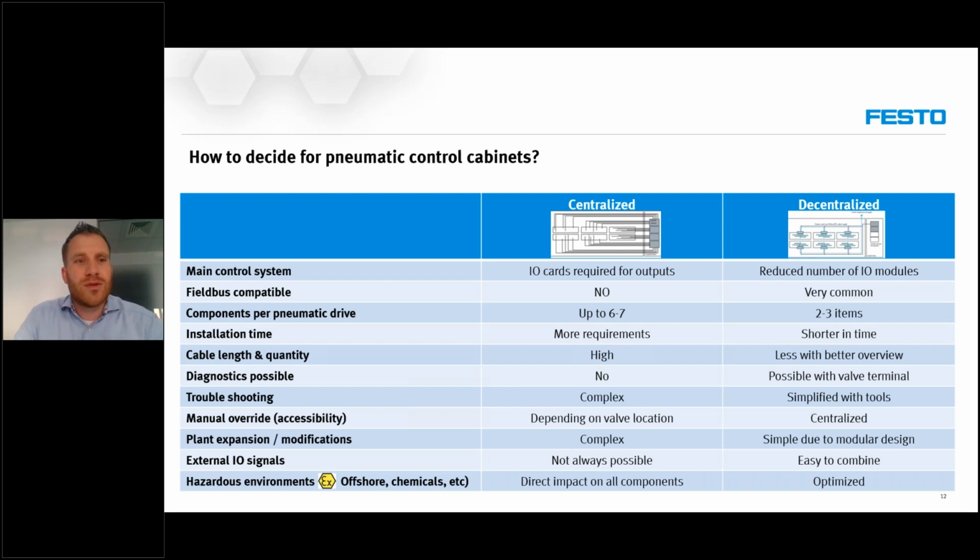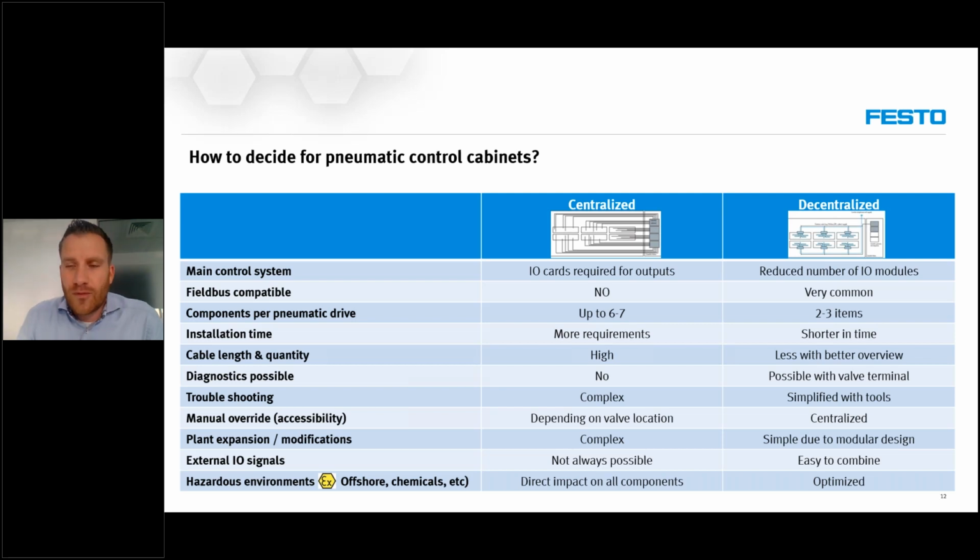It depends on impacts, for example, the use of fieldbus communications, the number of I/O cards used in a system, installation time in the field, cable length and quantity, the possibilities for expansion, as well as the impact on components.